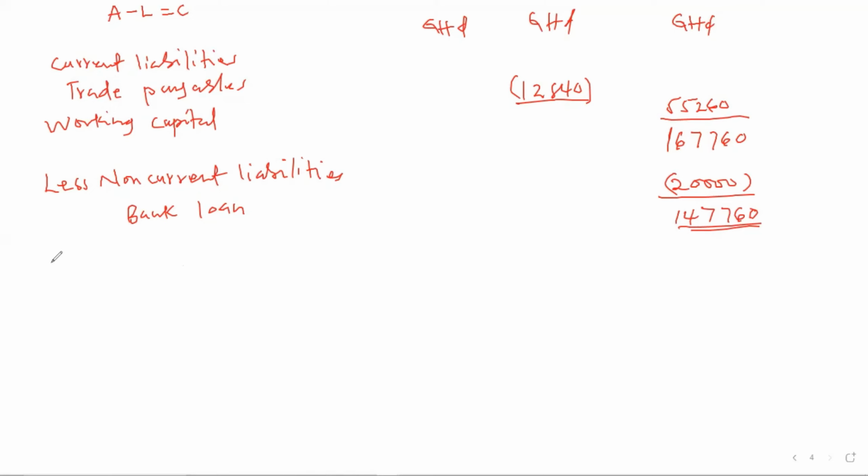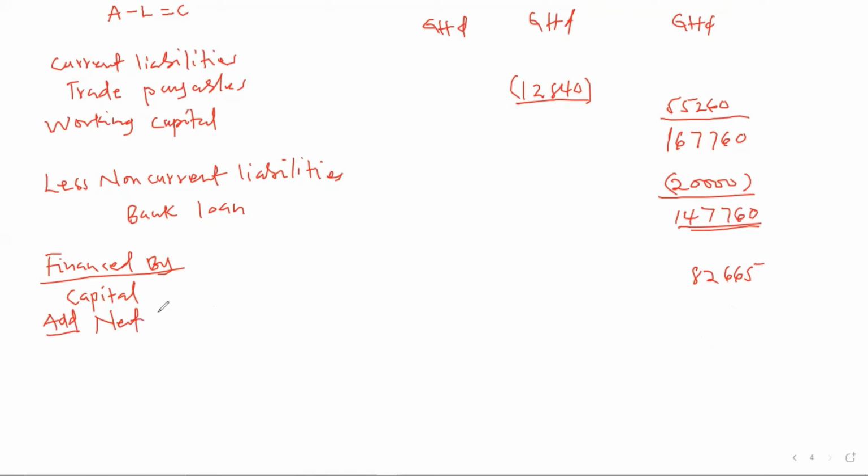So now let's go to finance by. With the finance by, you always start with the capital, the opening capital that has been given to you in the question. You'll find it in the question. So the capital in the question is 82,665. Then we add the net profit we had in the income statement.